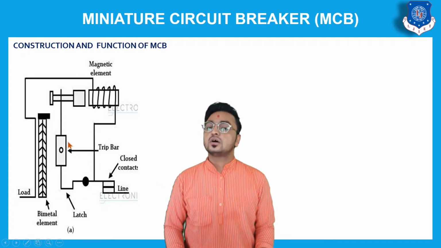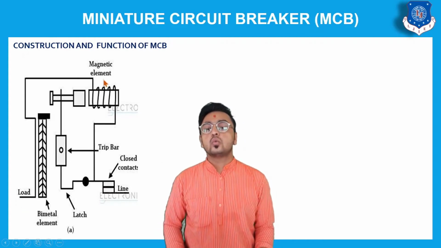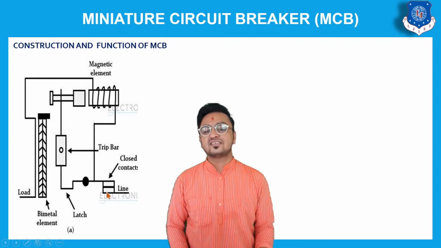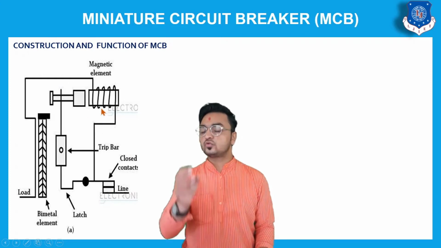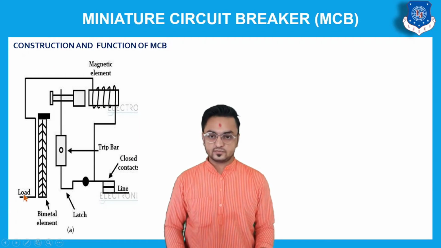For another type of operation, we arrange one electromagnet over here through this live path. This is the wire where the load is connected, and this is the line wire from where we collect the supply. So basically this path provides supply from line to load. Here we get the supply, and from this wire, through this electromagnet, means through this coil, we provide supply to the load.